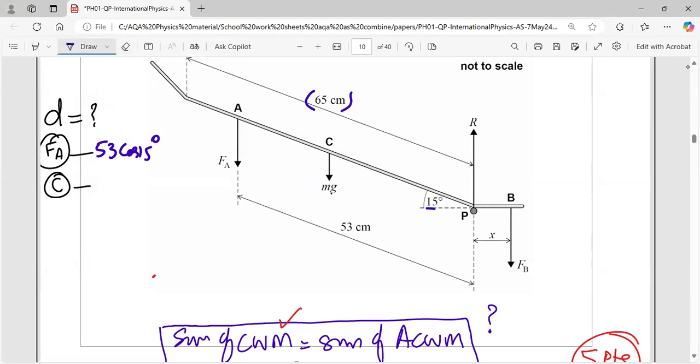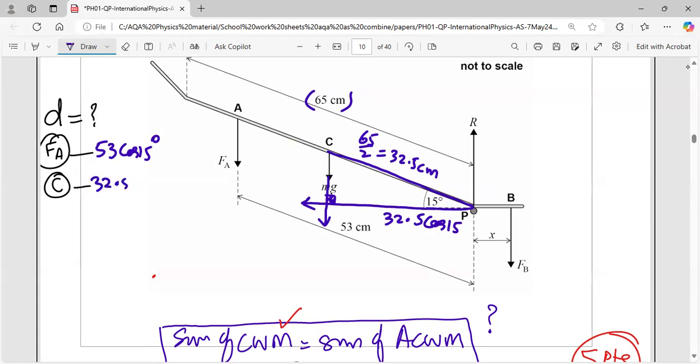So from this pivot to the center of mass, this is 65 divided by 2, which is 32.5 centimeter. So now again you resolve it. So this component over here is coming out to be 32.5 cos 15, because adjacent to it is cos. And then this mg is going down and it is perpendicular. It means the perpendicular distance for this is 32.5 cos 15.